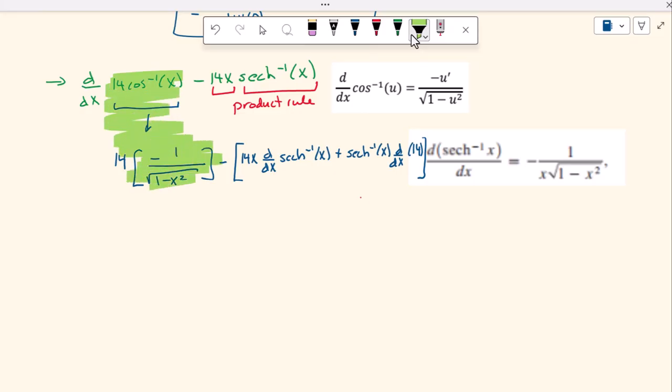Okay, so this piece is done. It's right here. So I'm going to drag it along. Actually, I'm going to rewrite that as a minus 14 in the numerator, square root of 1 minus x squared. And then here's my minus sign. I'm going to put that in red so we don't forget about it. Minus sign. And then let's go ahead and take that derivative. So 14x. And now I need the derivative of the inverse hyperbolic secant.